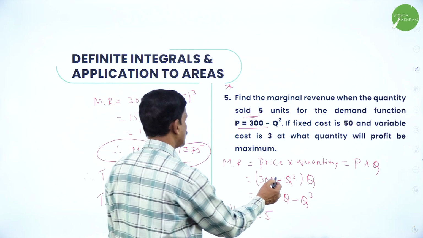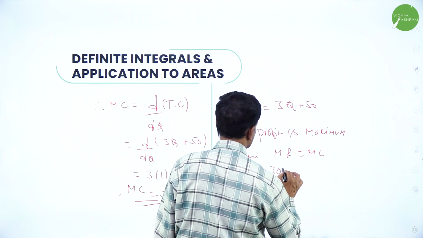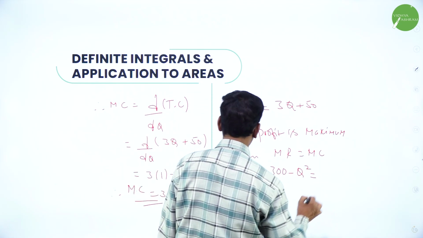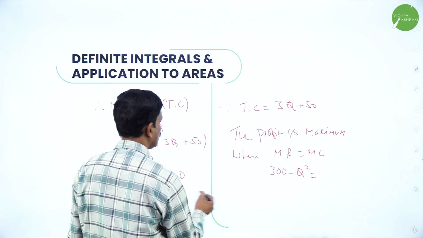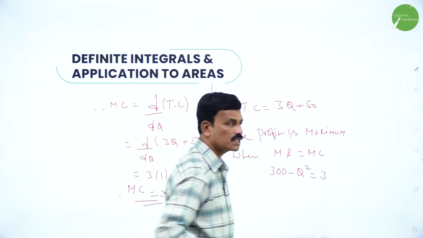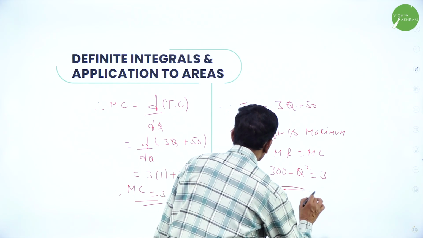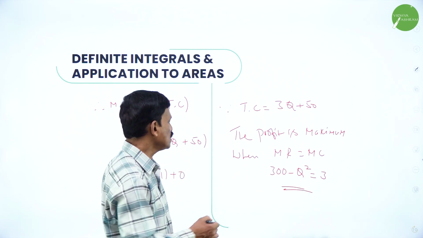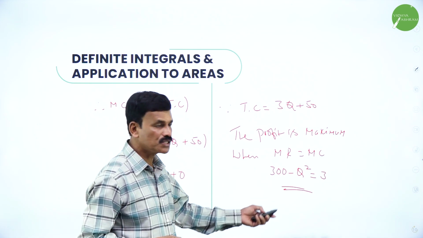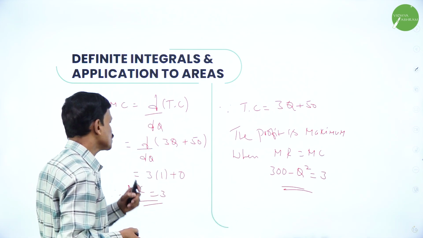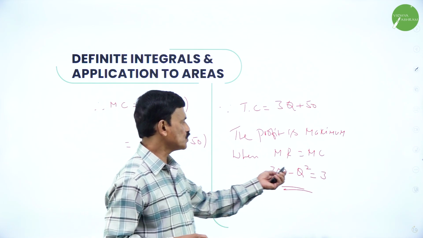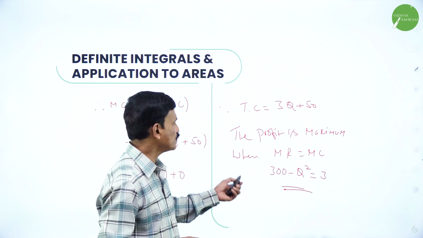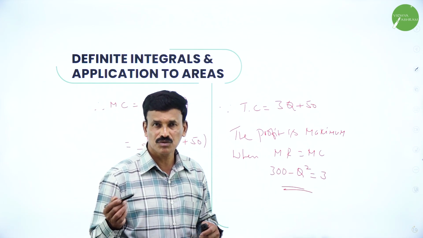MR is 300 minus Q square, and MC is equal to 3. So 300 minus Q square is equal to 3, then the profit is maximum. That's it. Hope you follow.